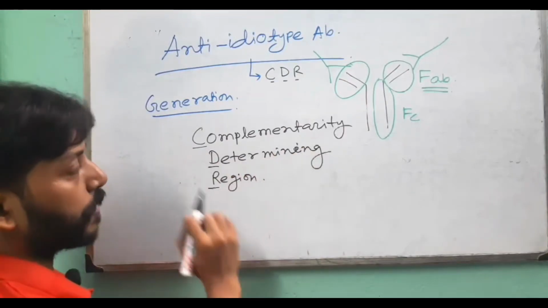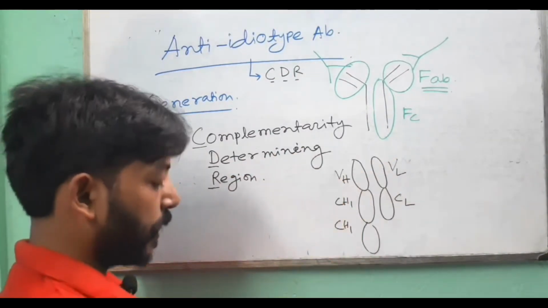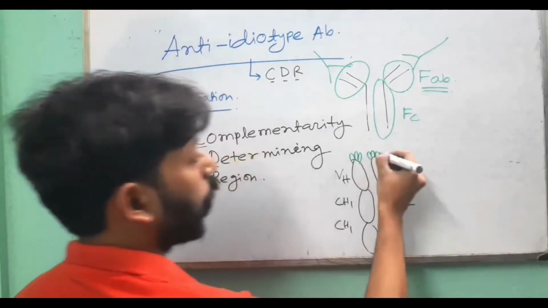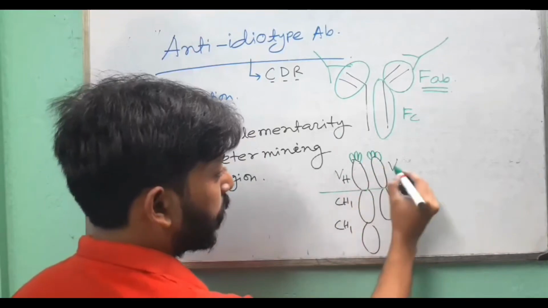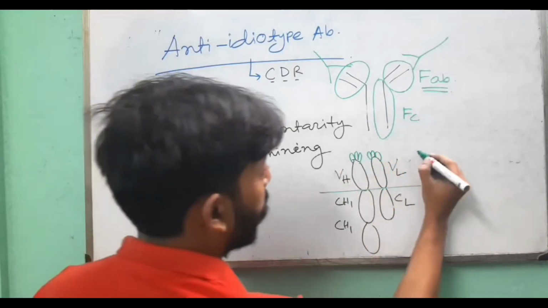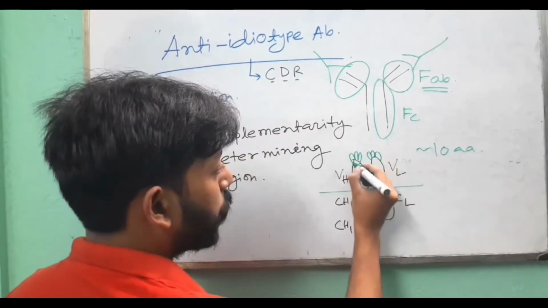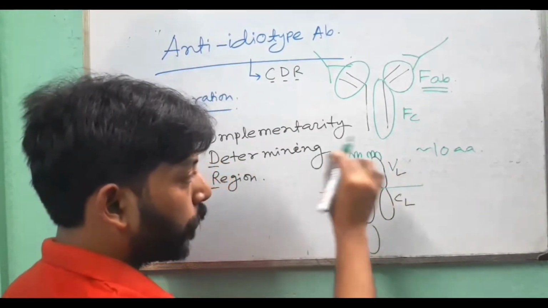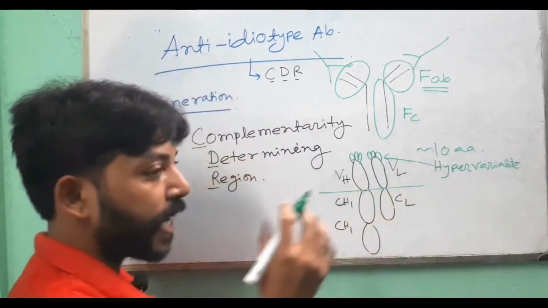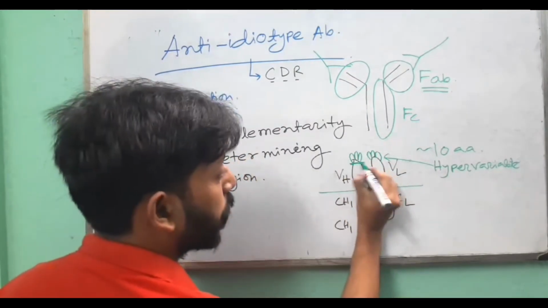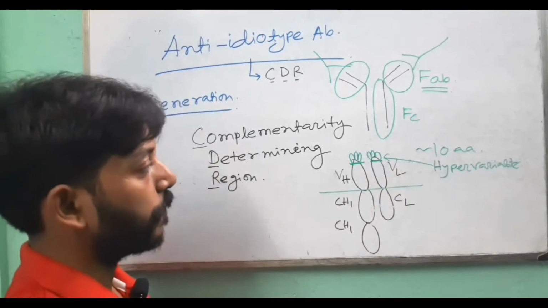In the variable regions of both heavy and light chains, there is a region called the hypervariable region. In the variable region, there are these three short stretches, approximately 10 amino acids. They are composed of these 3 and 3, 6 loops, actually called the hypervariable region, because most variability remains in this portion of the variable domain of heavy chain and light chain.